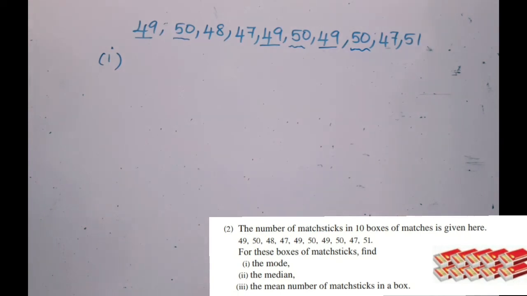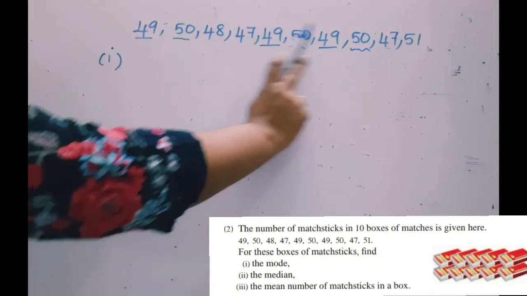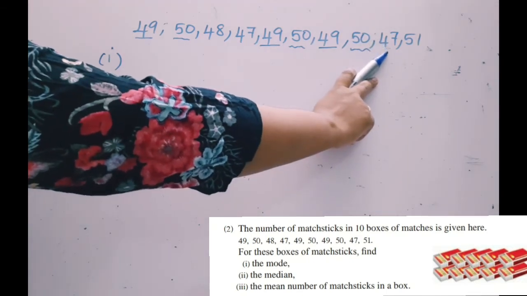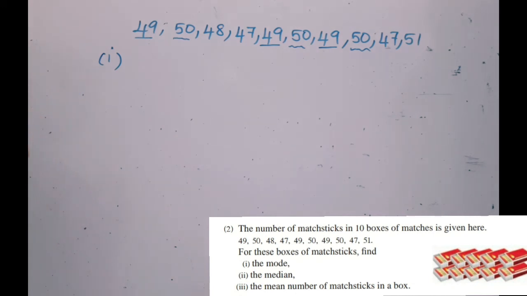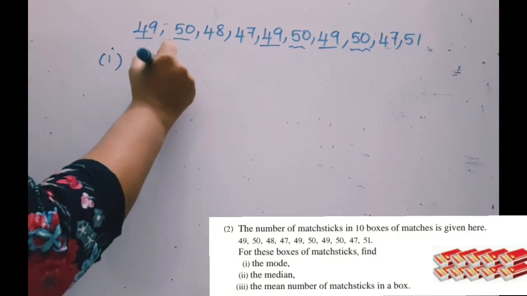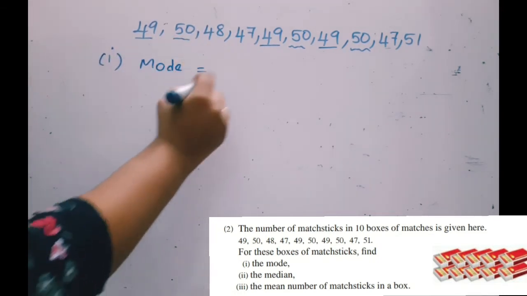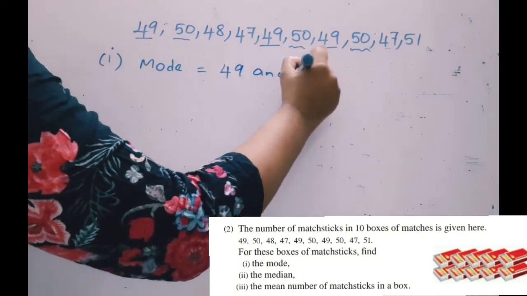Am I right? And this 48 is only once, 47 is there twice, 51 is there only once. So the numbers which occurred most often are 49 and 50. So here we do have two values for mode, which are 49 and 50.